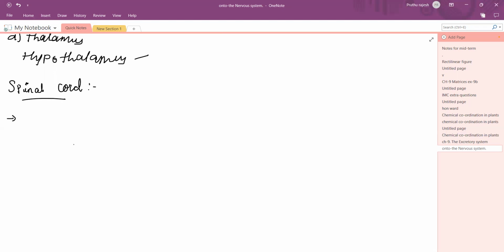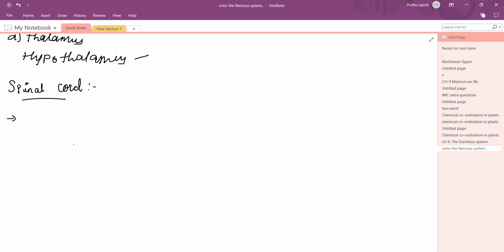The cerebrospinal fluid also passes through the spinal cord, which protects the spinal cord from shocks and jerks. And the spinal cord is covered by the same meninges as the brain is covered with.